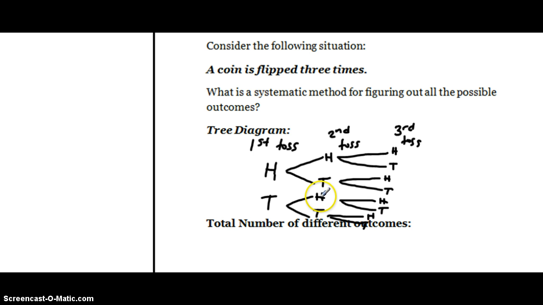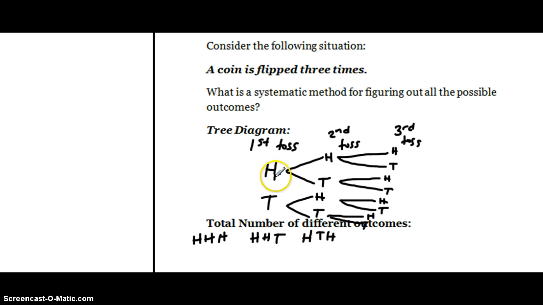Okay, so the total number of different outcomes would be, we could get heads, heads, and heads. Let's first list them out before we count out the total. And then we could get heads, heads, tails. And then heads, tails, heads.